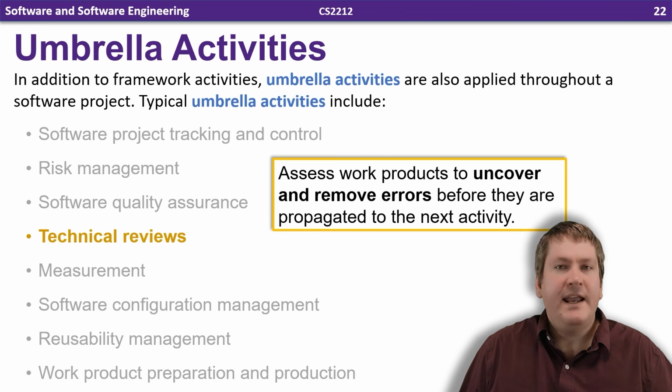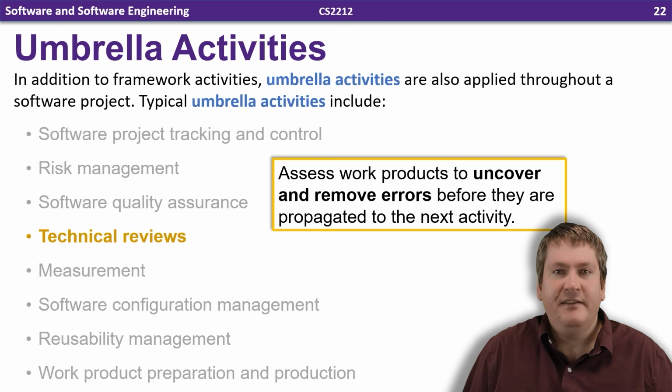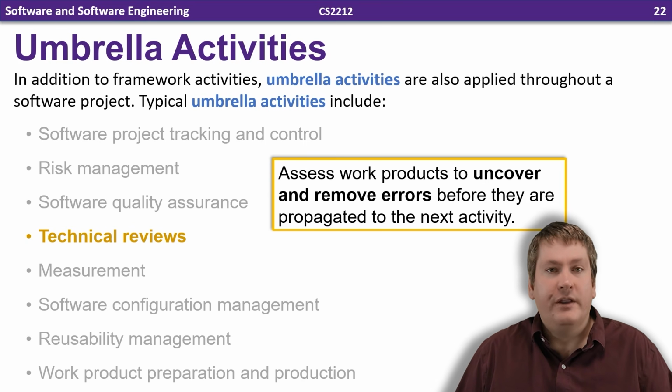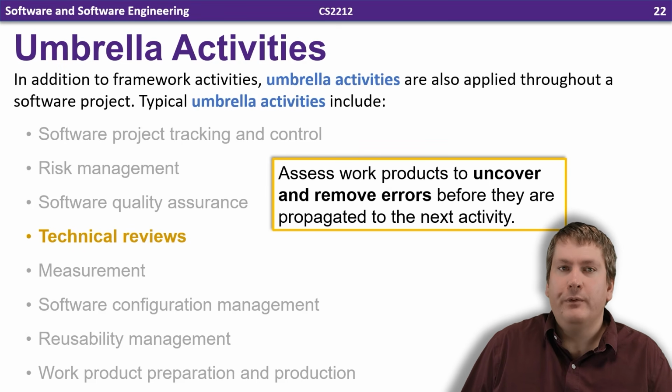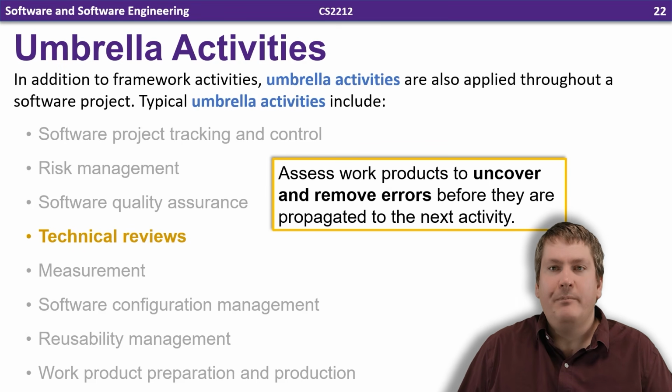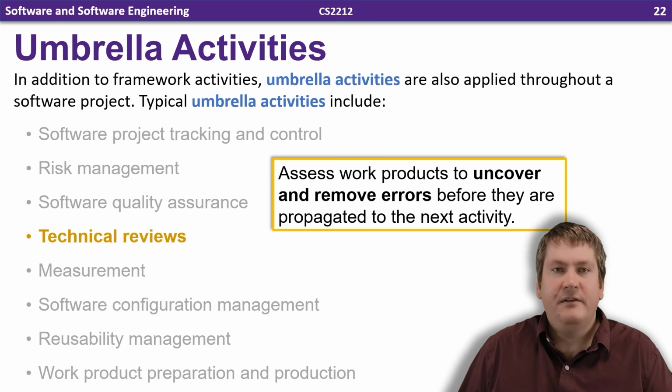These work products can be any kind of technical document, source code, diagrams, test cases, or anything that's created during the project. A common example of a technical review would be a code review, in which code is reviewed by another member of the development team before being accepted into the project's codebase.